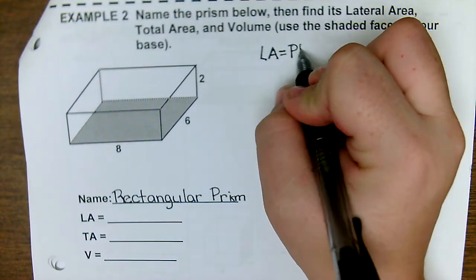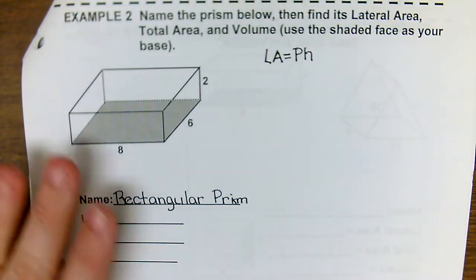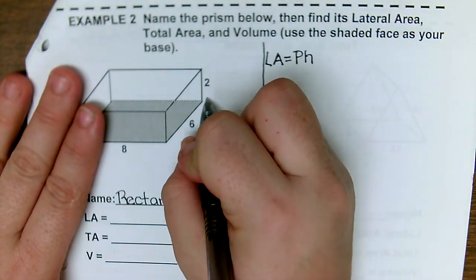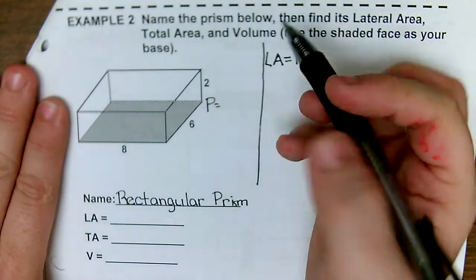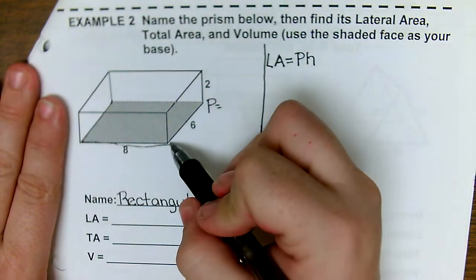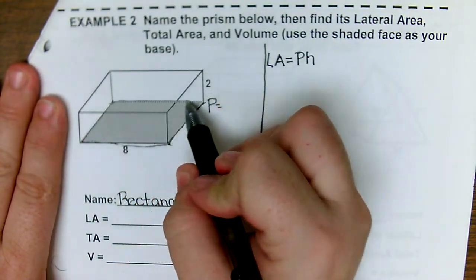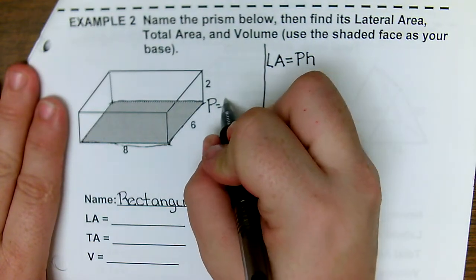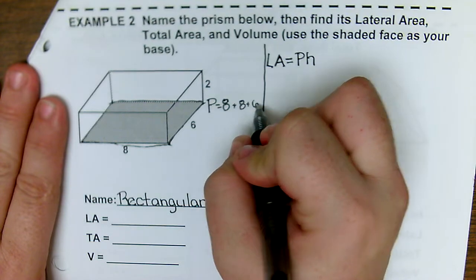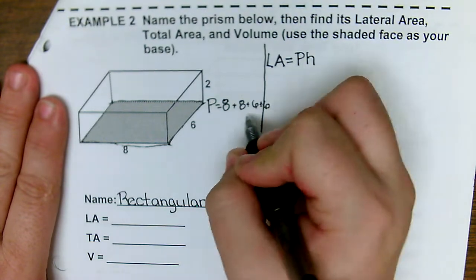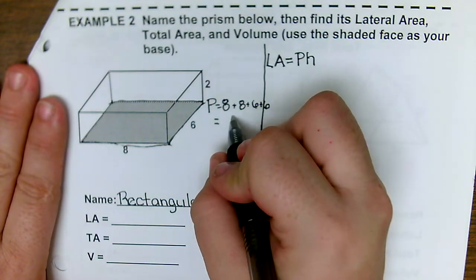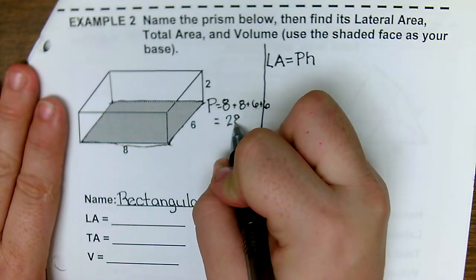Lateral area is perimeter times height. For the perimeter, I am just looking at this shaded area down here. So I'm going to do 8 plus 8 plus 6 plus 6, which equals 28.